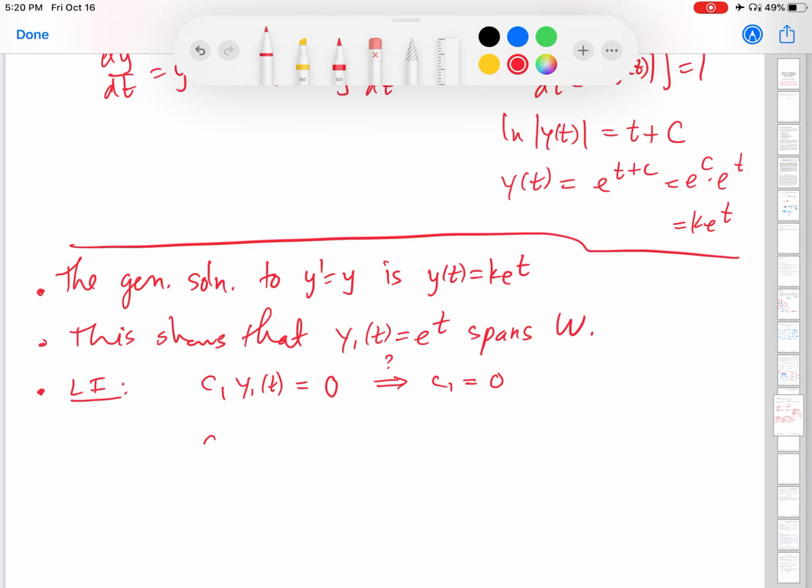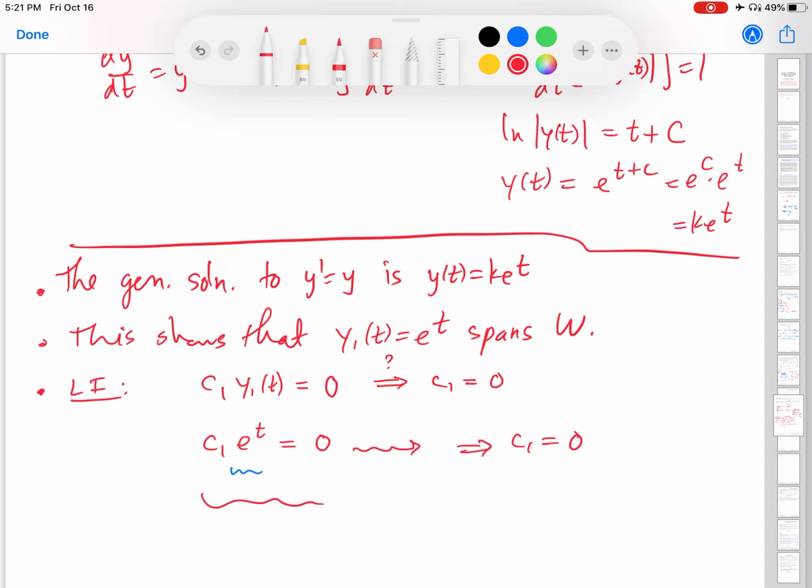Well, we can work it out here. So y1 is e to the t. So I'm setting up this equation. And then just realizing that e to the t, the exponential, is never equal to 0, right? It's always non-zero. That tells me that, yes, indeed, this equation implies that c1 equals 0.